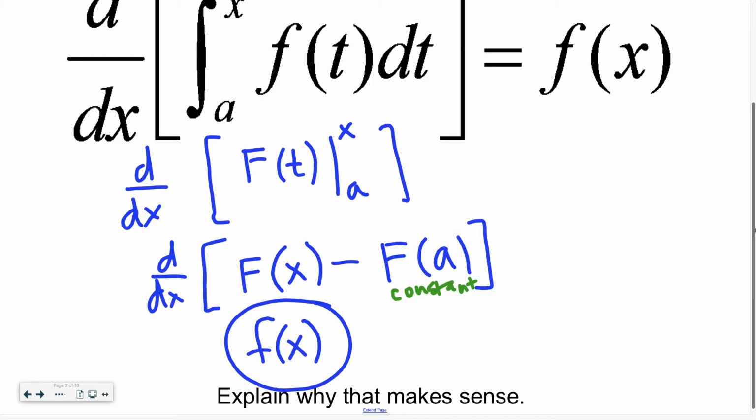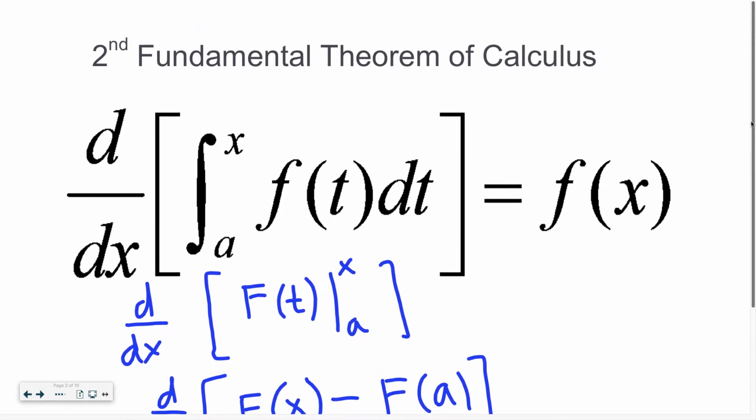If we were to go the long way and do the antiderivative, then we would get that x in there. But the second fundamental theorem of calculus tells us we can just take this shortcut.